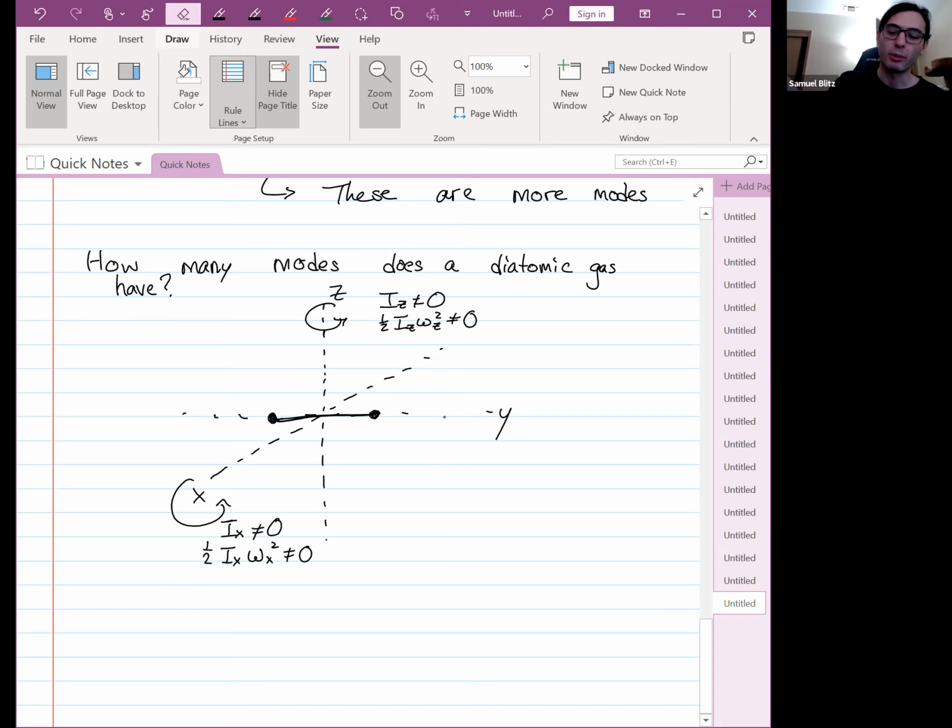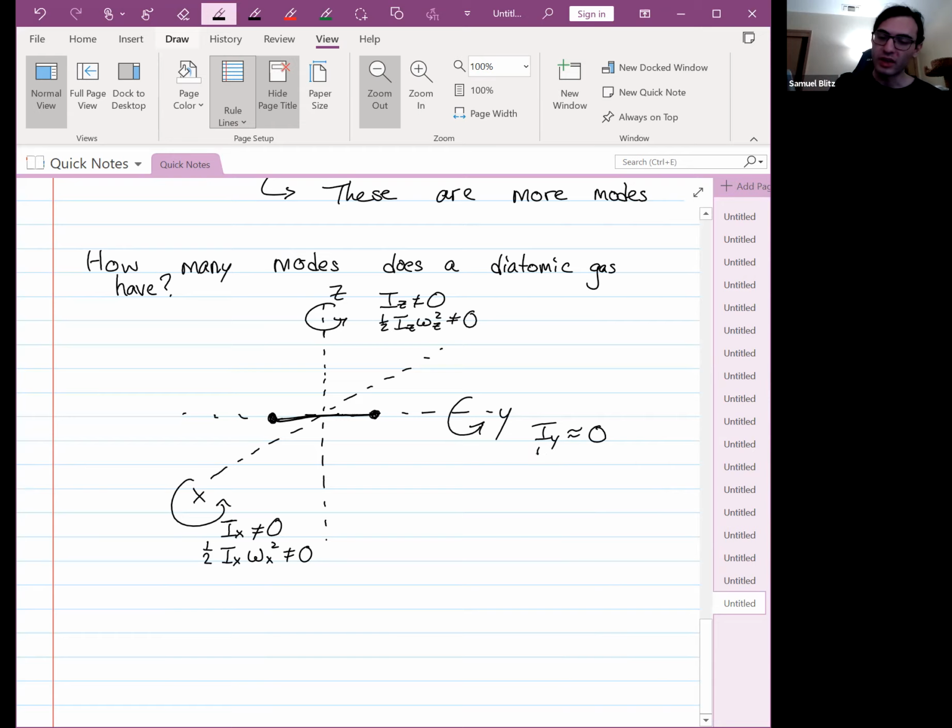Now the trick here, and what makes diatomic molecules particularly weird, is that the moment of inertia about the y-axis is basically 0. And once you start talking about quantum systems, it just is 0. There is no energy associated with this rotation, for the same reason that there's no energy associated with the rotation of a monoatomic gas.